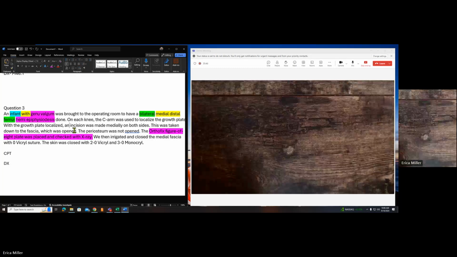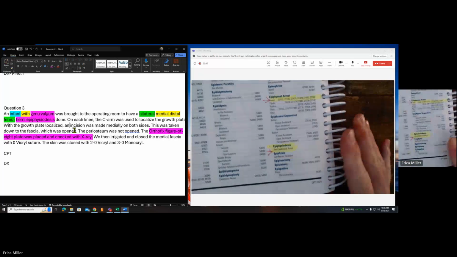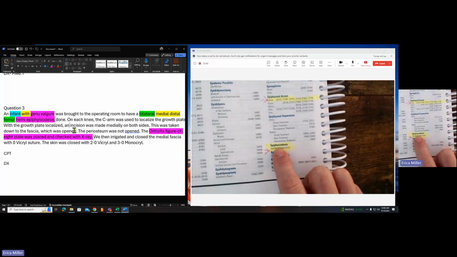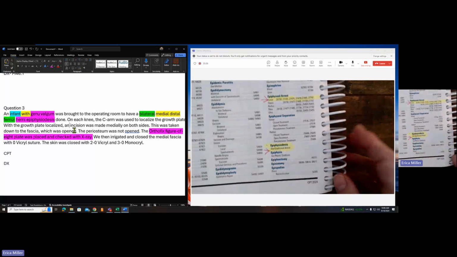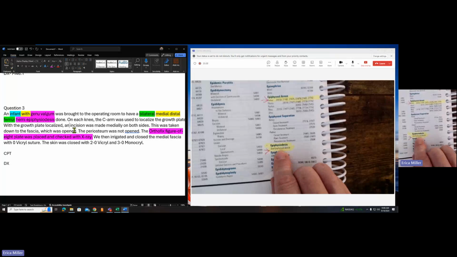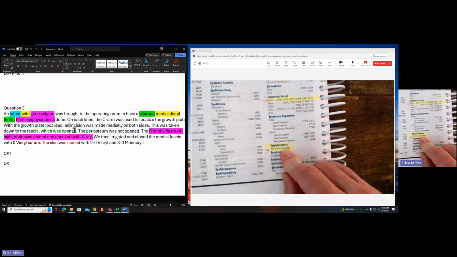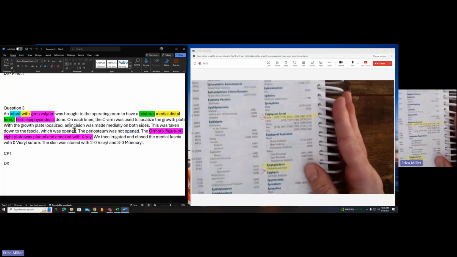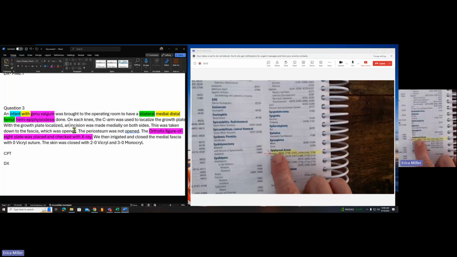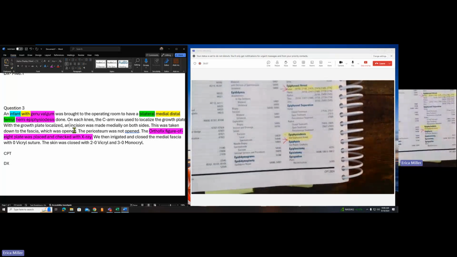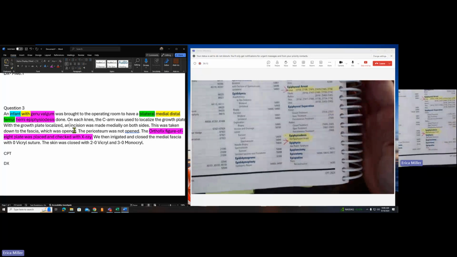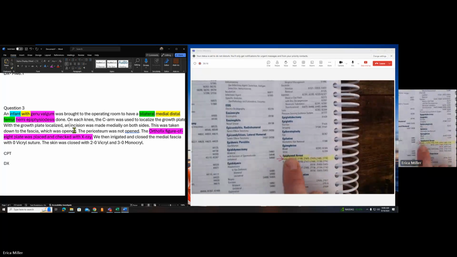So I went to the word epiphysiodesis, and look at that, the common thread that we found in our first index search: see epiphyseal arrest. So now we're guided back over to that word, epiphyseal arrest. Again, it took us on a little journey, and that's fine. Now we've got some options here.